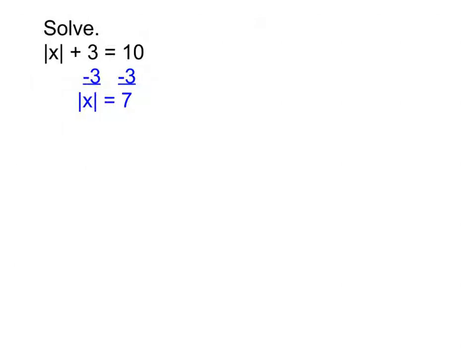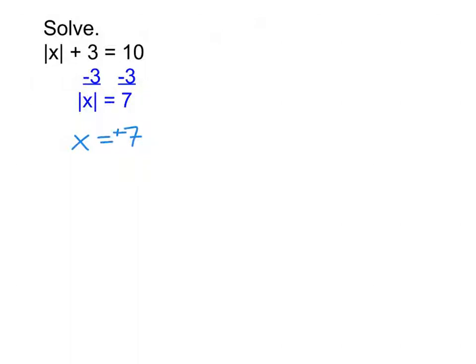All right, and then this one ends up being a little bit similar to the x squared at this point, because I now need to get rid of those absolute value bars. Well, the absolute value of what would equal 7? 7. Yeah, so I know then that x could equal 7. But the absolute value of what else? Yep, negative 7.